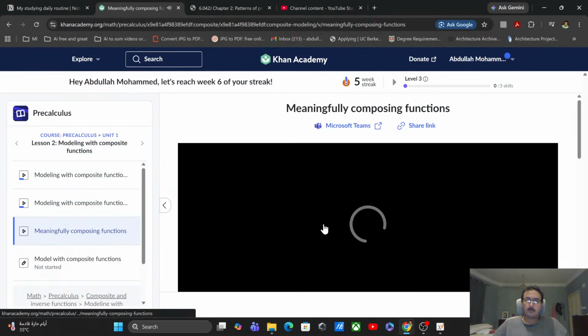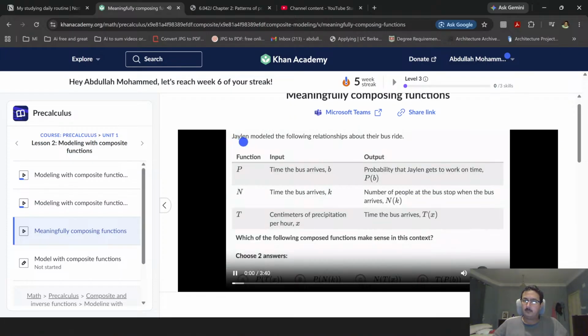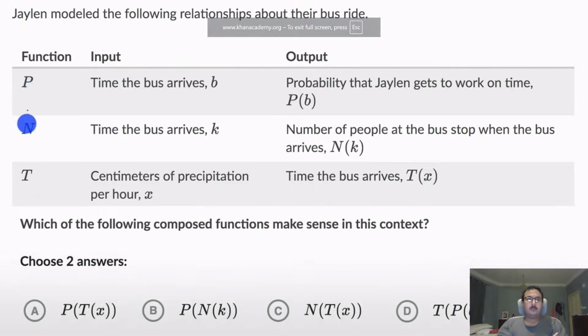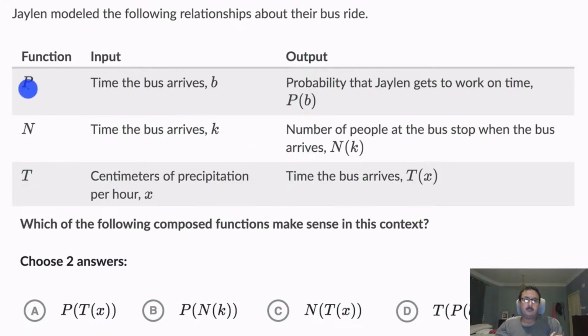We're told that Jalen modeled the following relationships about their bus ride. So there's three functions here. We have their inputs and we have their outputs. Function P, the input is the time the bus arrives, given as lowercase b, and the output is the probability that Jalen gets to work on time. So P of b.